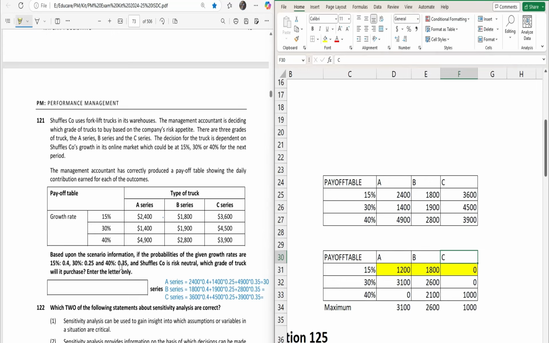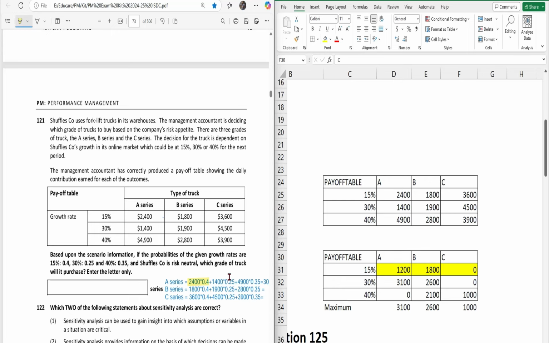So now what we have to do, we will go for the A series and multiply 2400 by the 15% probability, which is 0.4, and then 1400 multiplied by the probability of 30%, that's 0.25, and 4900 multiplied by the probability of 40%, that's 0.35, and then we will add all of this. Here you can see I have just taken the value 2400, multiplied it by the probability, then taken 1400, multiplied by the respective probability, and again the last one, 4900, multiplied by its probability 0.35.